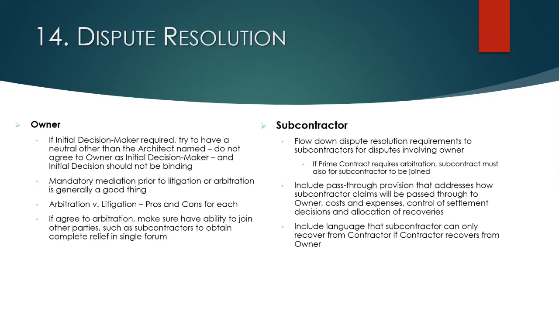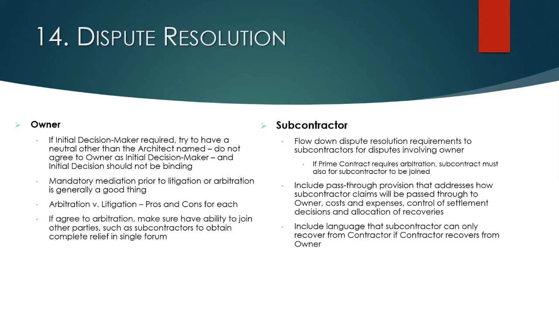From an arbitration perspective on the prime contract component, it's really important to make sure there's something in your prime contract that allows you, as the general contractor, to bring other responsible parties into the arbitration. Oftentimes there is language in the prime contract which does not allow you to do that, and that creates a problem because all of the parties are not at the table.